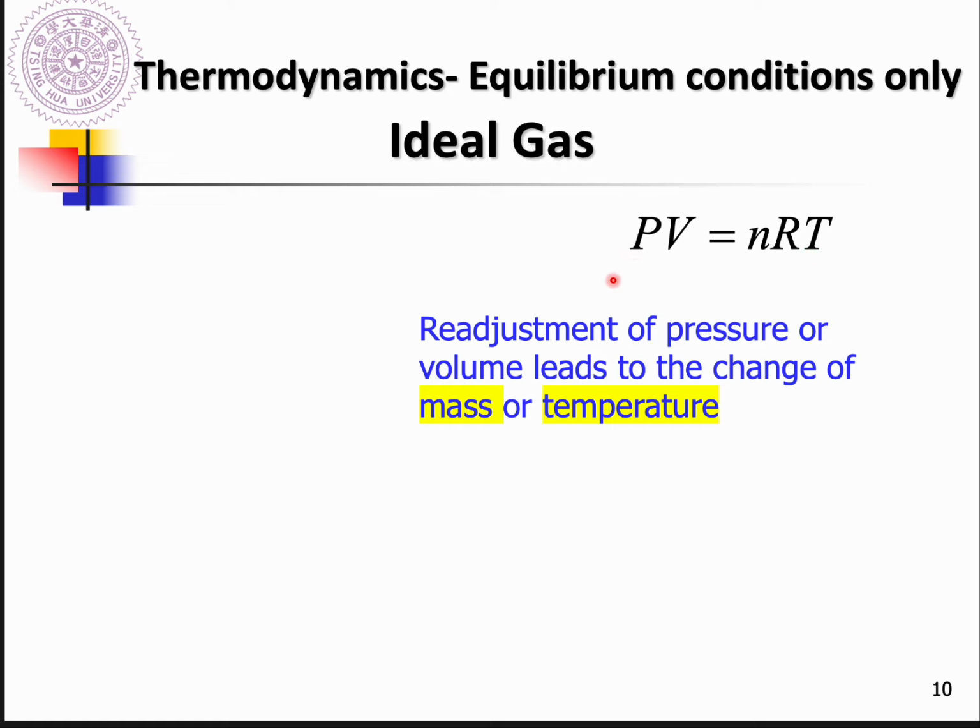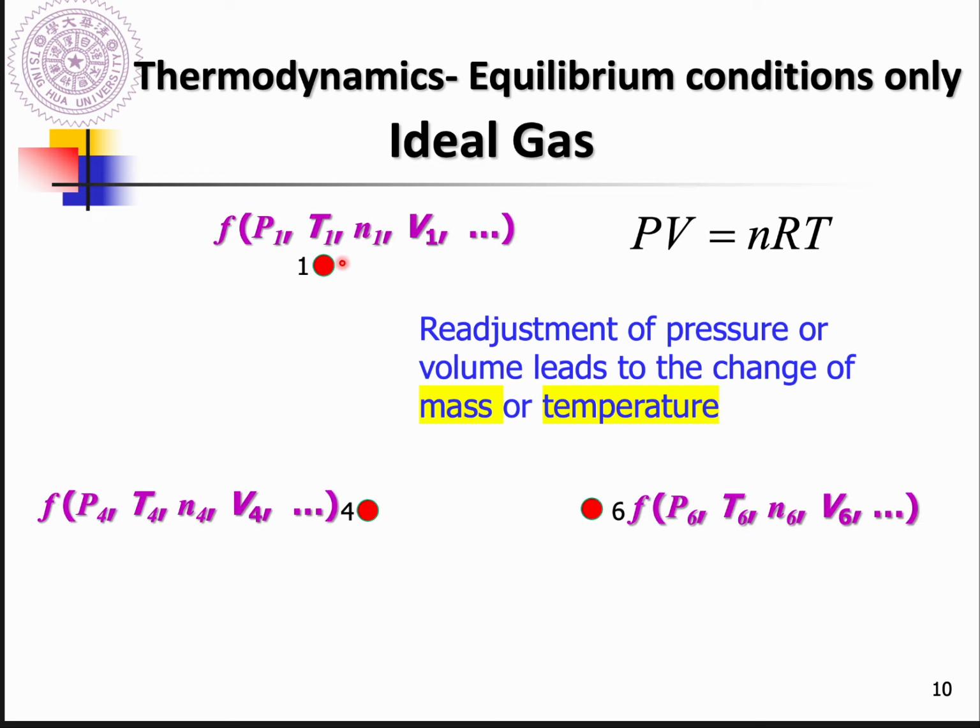Everyone has this experience, right? When you release the gas stream from the gas cylinder, P is decreased, and T drops at the same time. So during this process, it goes from state 1 passing through to state 6, something like that.